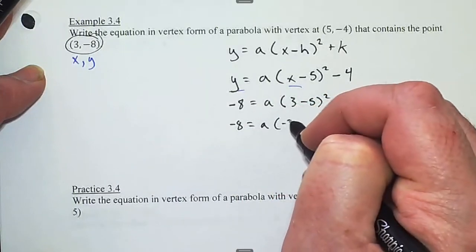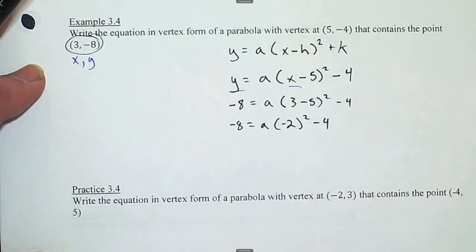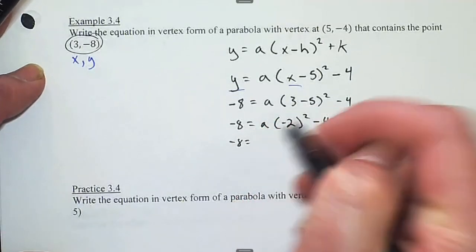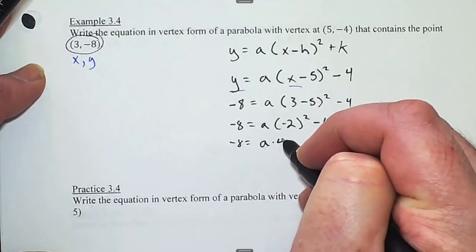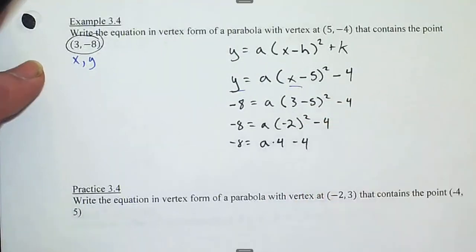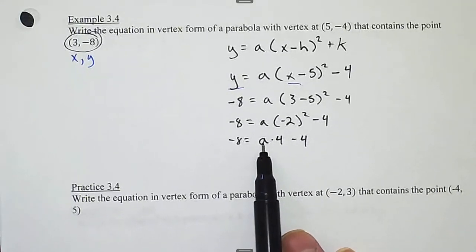3 minus 5 is a negative 2. Then I get negative 8 equals a times 4 minus 4. Now you want to be careful here. We get so much in a habit of always writing numbers like 3x, 4x, or 4a that we get uncomfortable when it's the letter then the number.